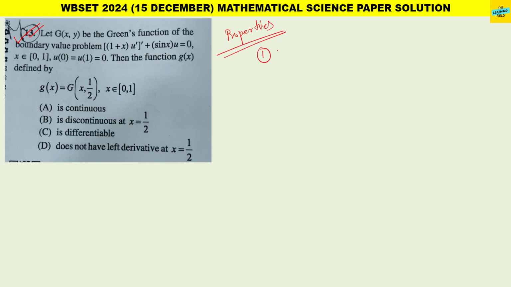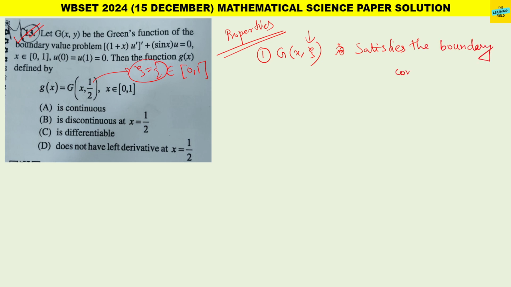Number one property: the Green's function G(x, xi) at the point xi, and here this xi equal to half is given, in the interval 0 to 1, G(x, xi) satisfies the boundary condition. This is number one property of Green's function.